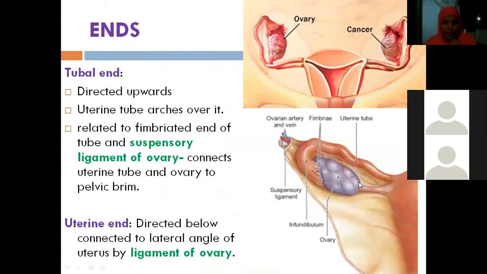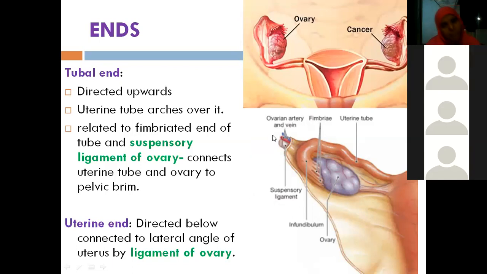So uterine end is directed downwards, and it is connected to the lateral angle of uterus by the ovarian ligament or ligament of ovary. Upper one was suspensory ligament of ovary, and this is utero-ovarian ligament would be better so as to prevent the confusion. But in our textbooks these two words have been used. Suspensory ligament is above and ligament of ovary is below.